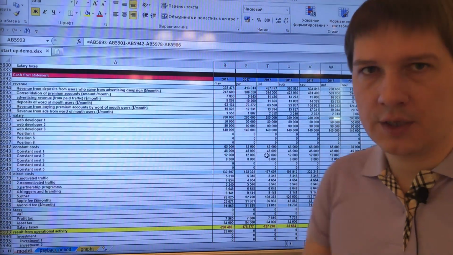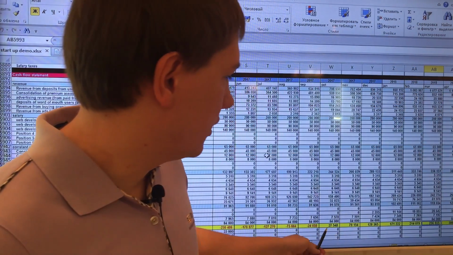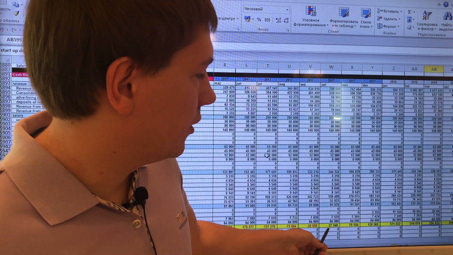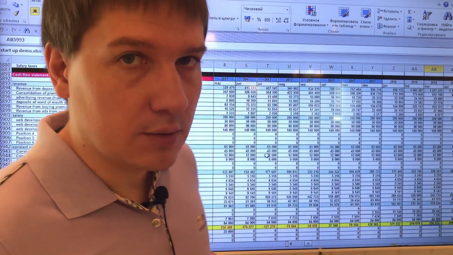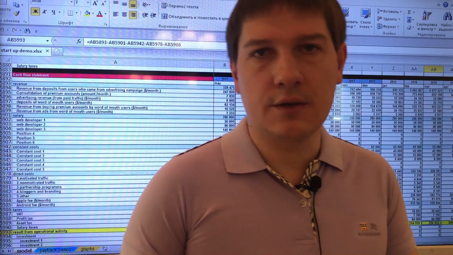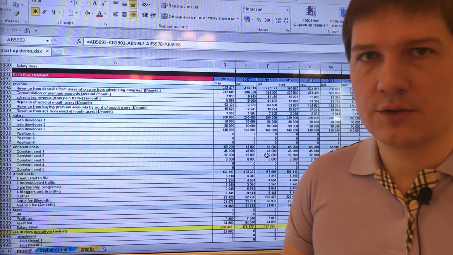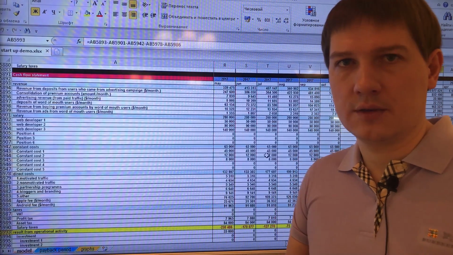So for example, here we finally have the break-even point, but before we reach it, we need additional money to invest in this business to maintain it.